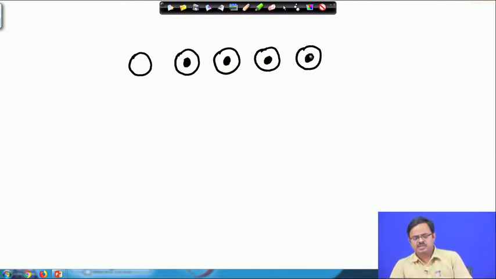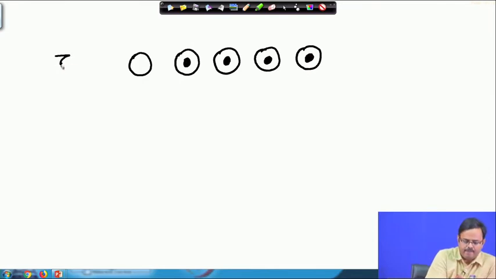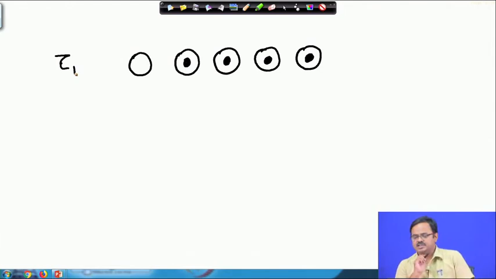At a certain time instant, let us say tau 1, this is where it is. This is an atom with a hole, so it can accept an electron, and these already have electrons, full.